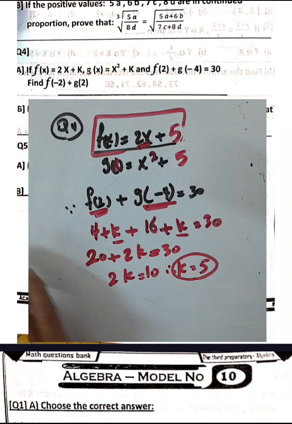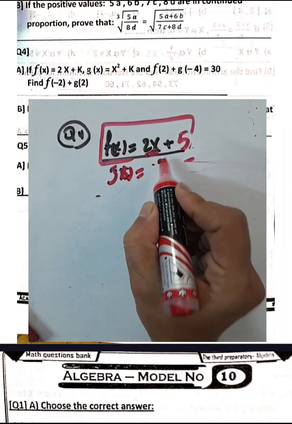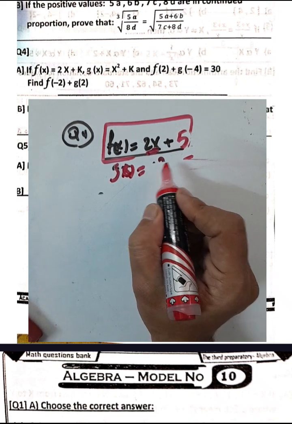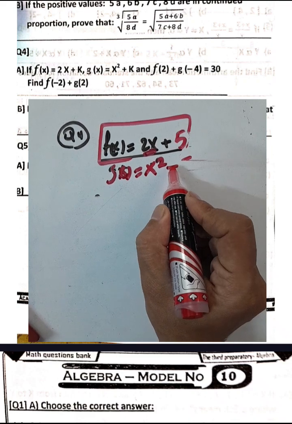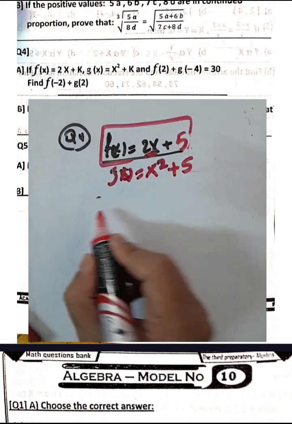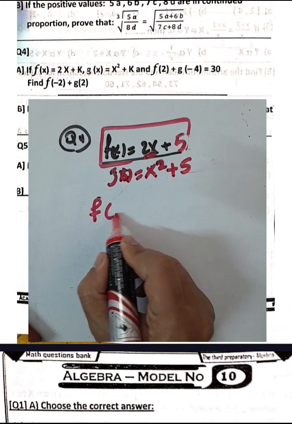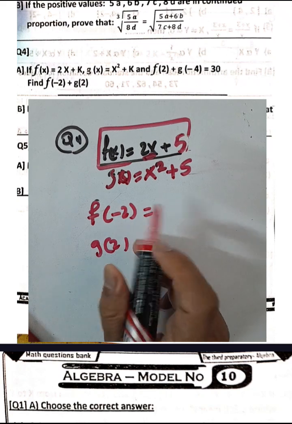Okay, now he wants to find the value of f of negative 2 plus g of 2. This function was g of x, it will be x power 2 plus 5. First, I can find the result of f of negative 2.